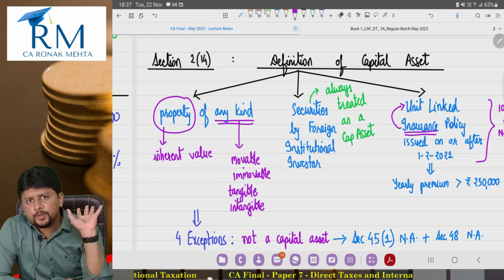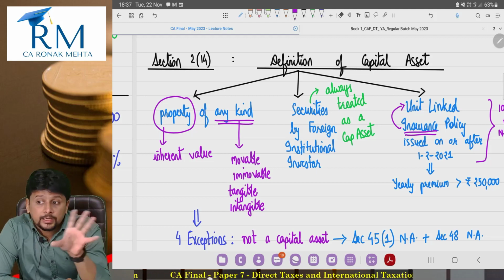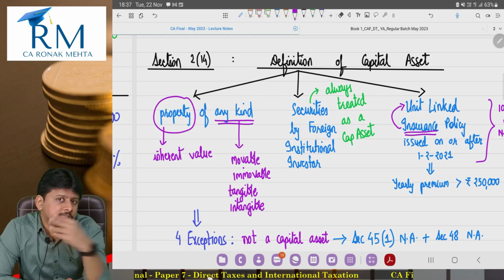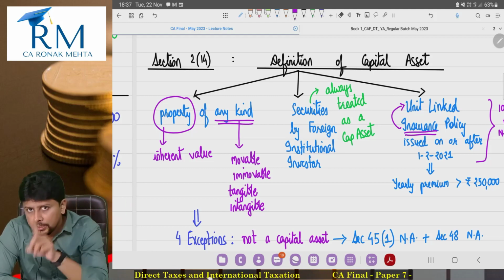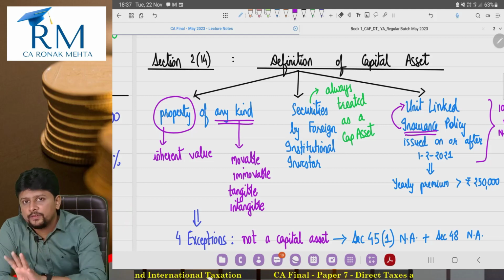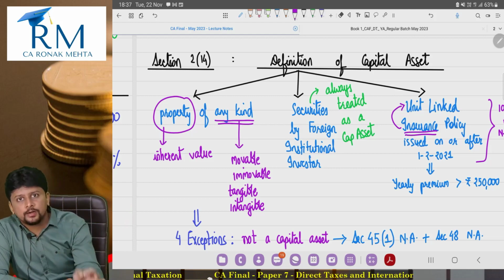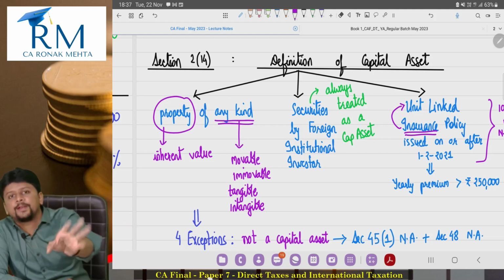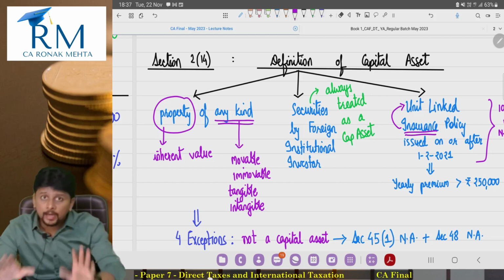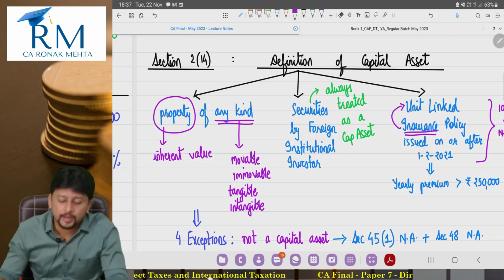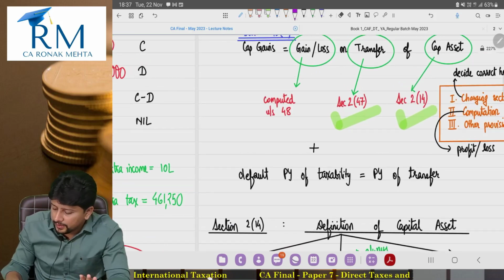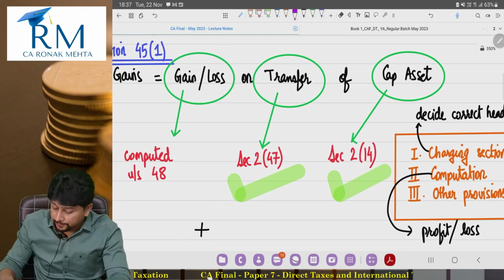Basic definition: property of any kind. Securities held by a foreign institutional investor, always a capital asset. And a ULIP issued on or after 1st Feb 2021, where the yearly premium exceeds 2,50,000, is a capital asset. Now if you fit in the definition of capital asset, then charging section 45 will apply to you. Achha.